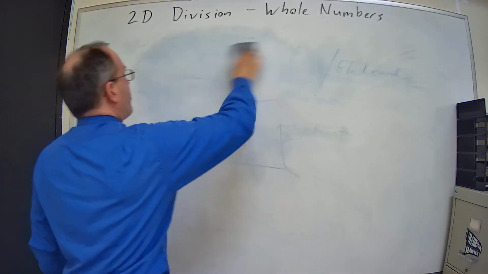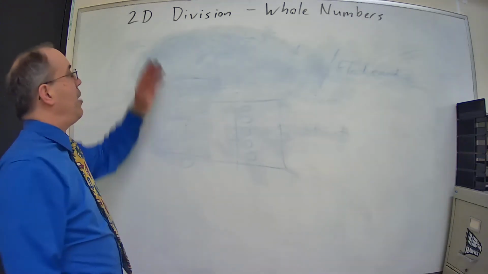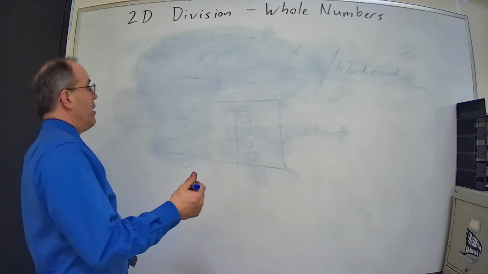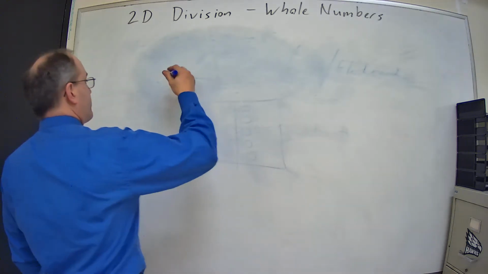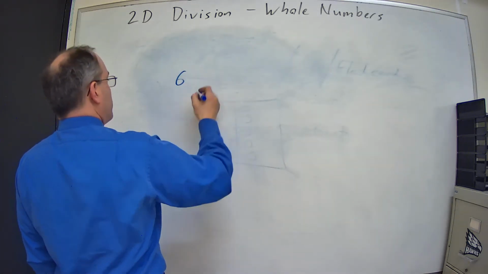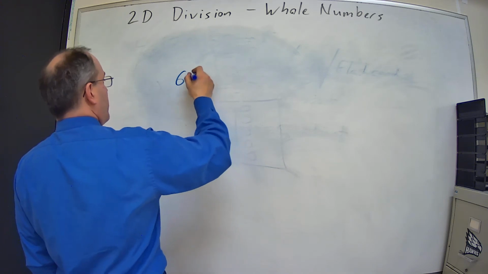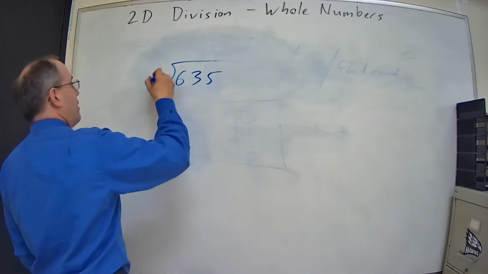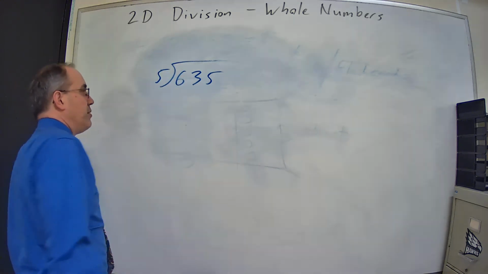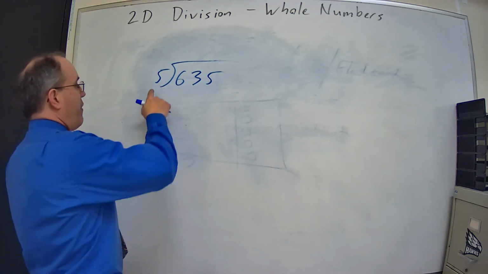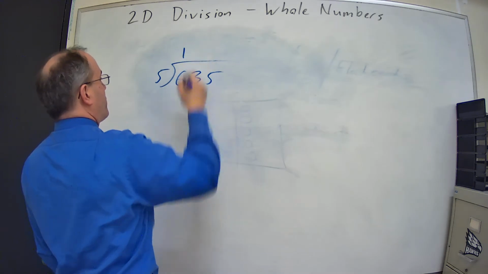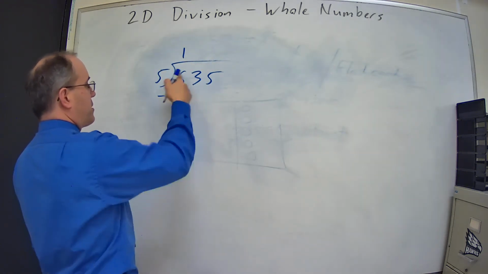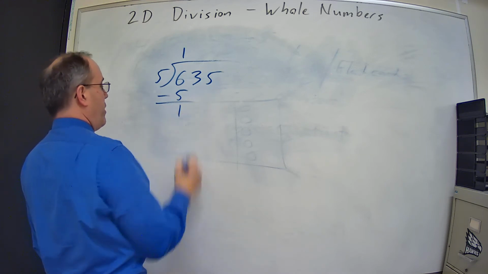So let's try another one, except this time I'm not going to write it up here. I'm just going to do the division. And we'll see what happens. 635 divided by 5. 5 goes into 6 once. 1 times 5 is 5. 6 minus 5 is 1.